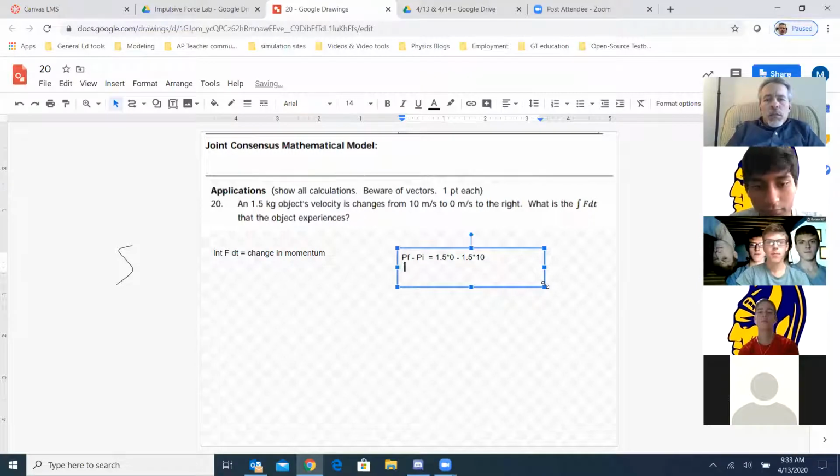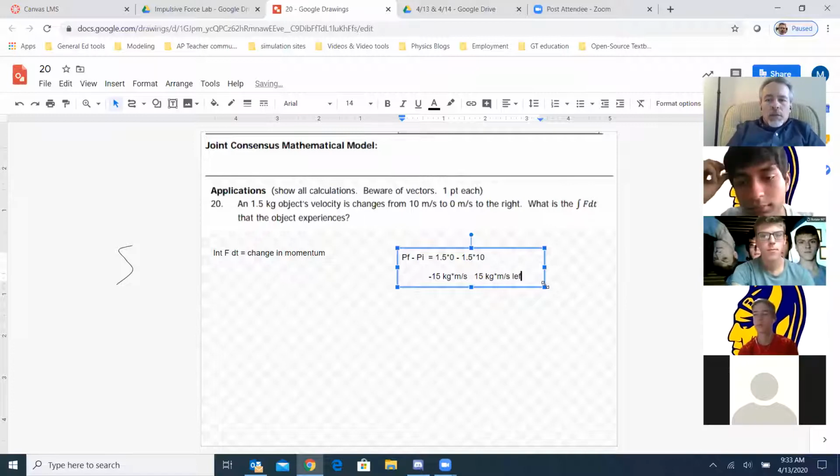You end up getting a negative, and we have to translate what that negative means. You get negative 15 kilograms times meters per second, but really what that means is 15 kilograms times meters per second to the left.